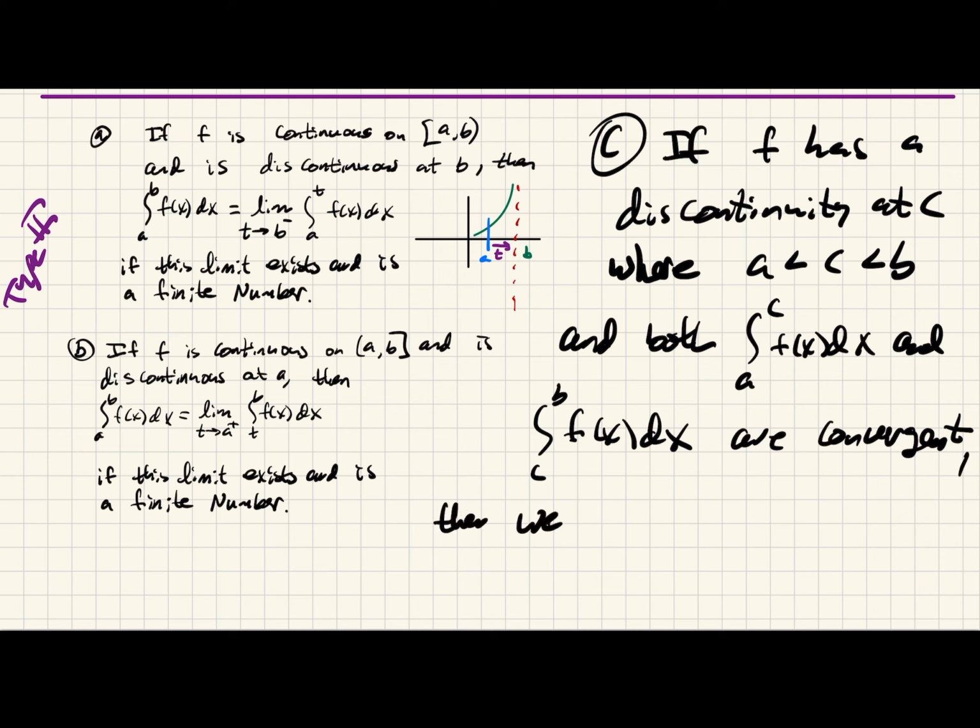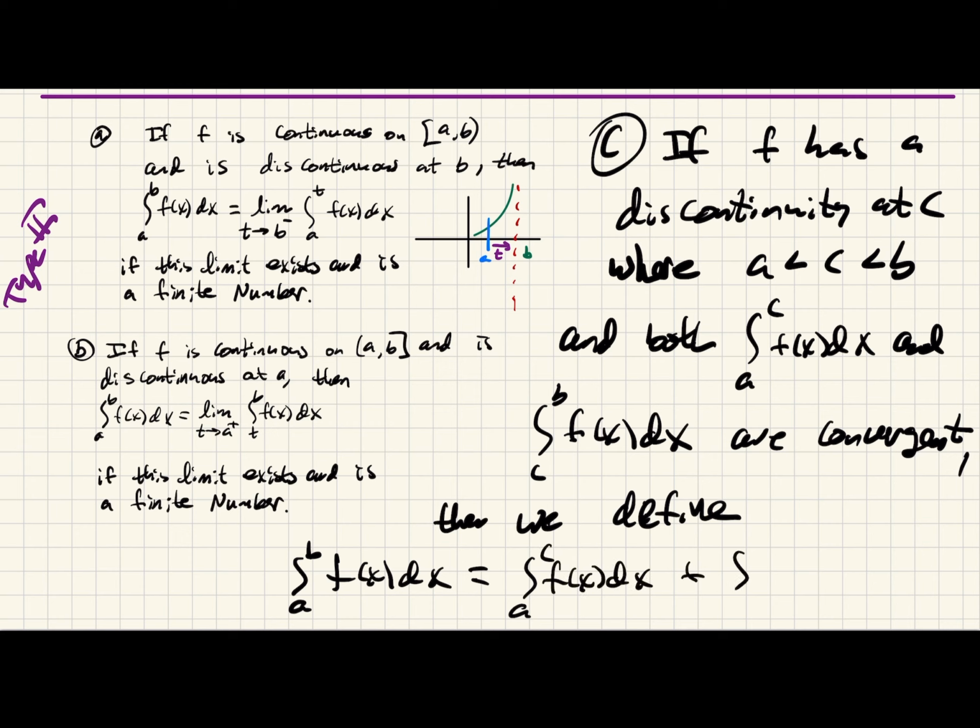Then we define the integral A to B of f of x dx equal to the integral A to C f of x dx plus the integral C to B f of x dx. Just like we said, adding up two finite values.